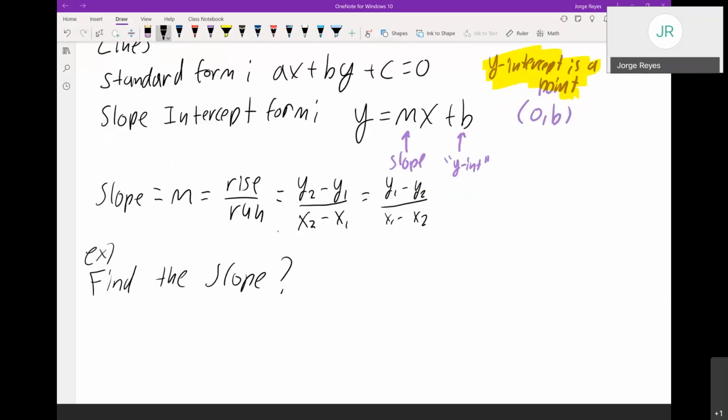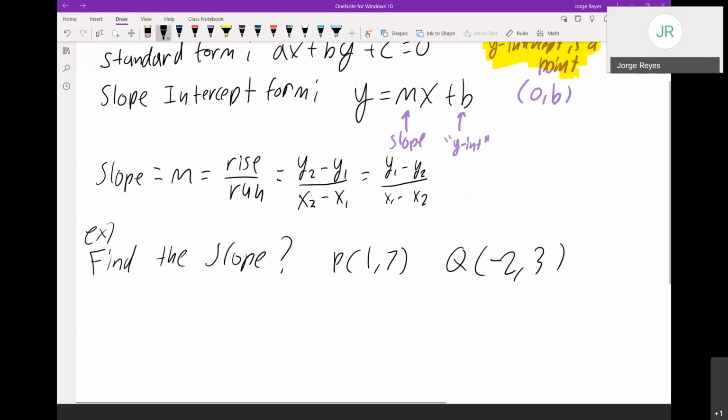A common, simple question you could get is to find the slope between points P (1, 7) and Q (-2, 3). To find the slope, m equals, I'm going to call these x2, y2 and x1, y1.